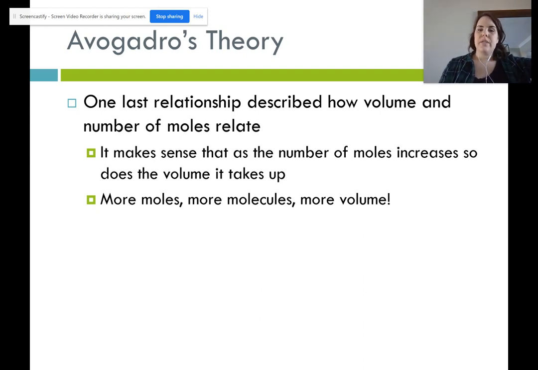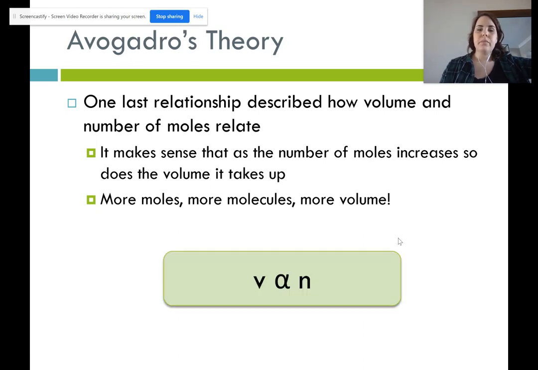Essentially, if we have more moles, we have more molecules, and those molecules are going to take up more space. So volume and the number of moles also vary proportionally. The more moles, the more volume; the fewer moles, the less volume. It's like the majority of our relationships where we see them changing together.